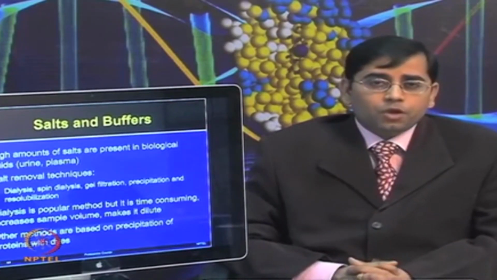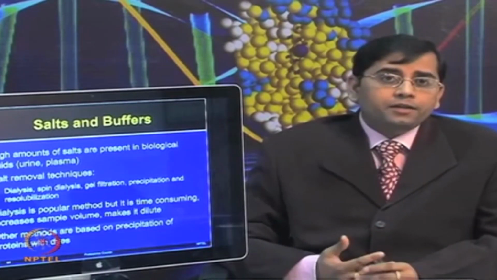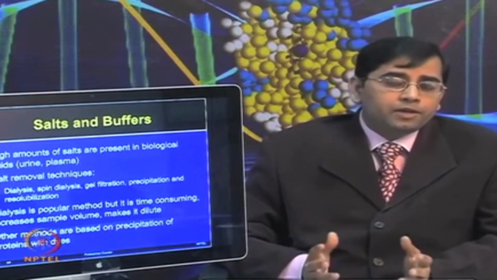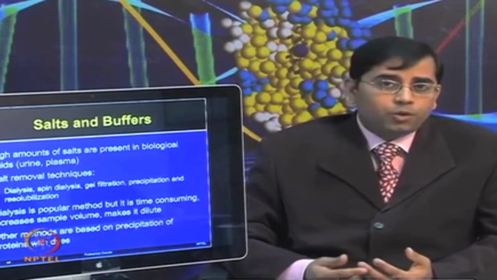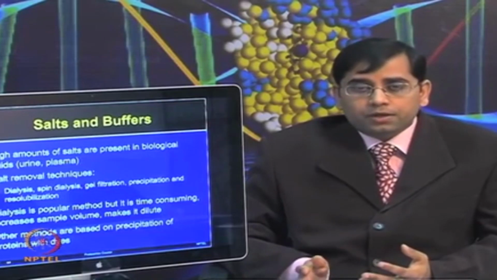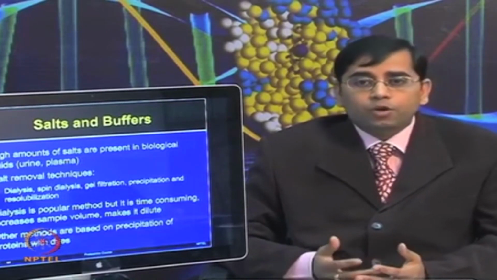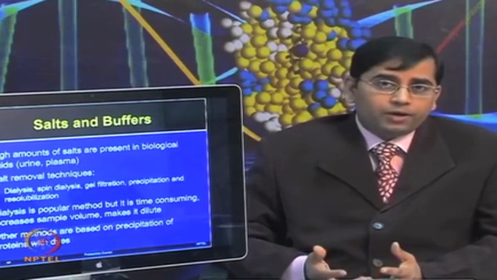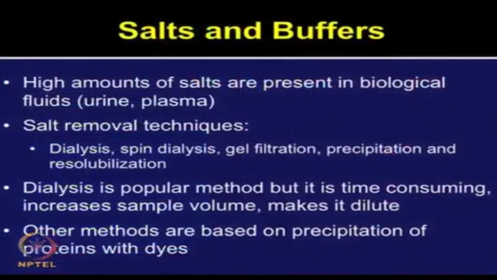The only problem here is that your sample can become very dilute. So, if your application requires a concentrated solution in a small quantity, then this may not be a very popular choice for proteomics applications.